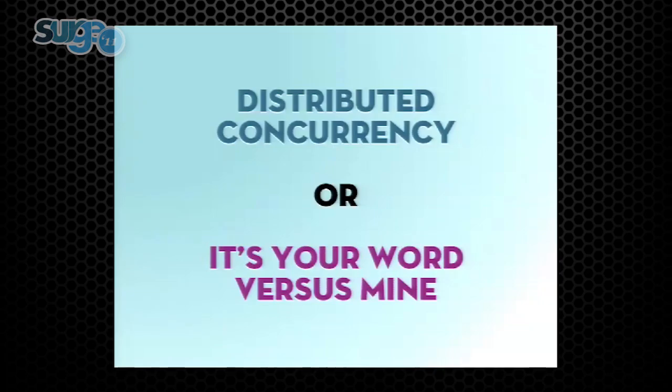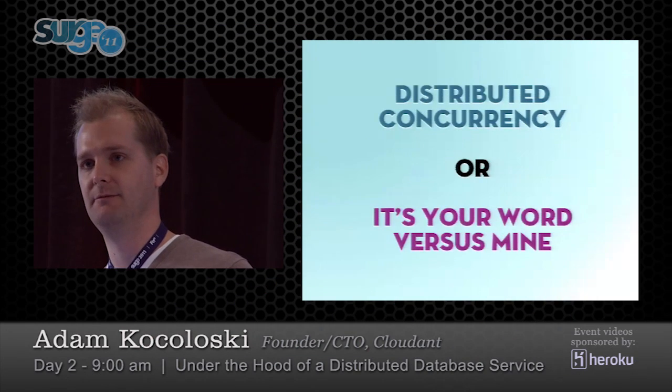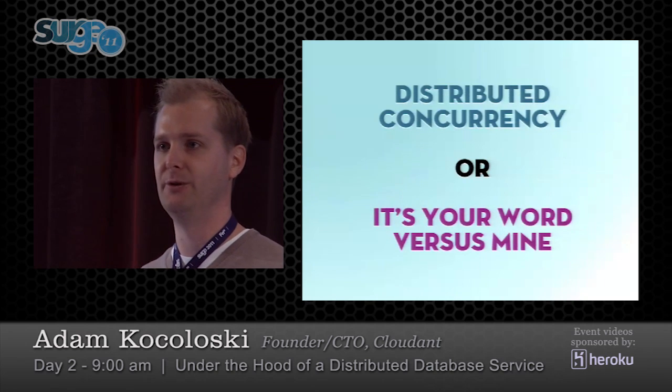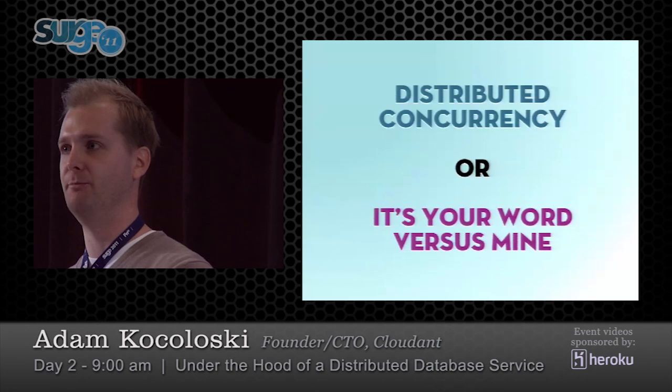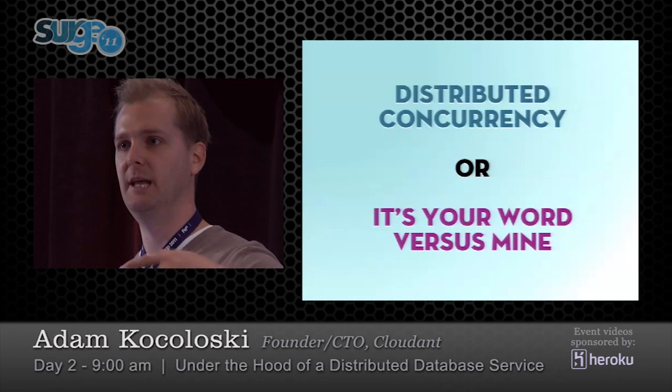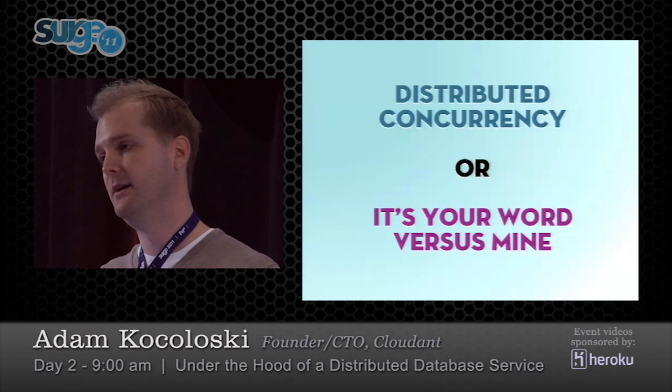OK, so on to distribution. Distributed concurrency. I mentioned at the beginning that CouchDB has this incremental multi-master replication, right? Doing that is quite a bit different than doing master-slave log replay stuff. That's a simpler sort of thing where you can just ship your write-ahead log from your master database and replay those operations on any number of slaves.